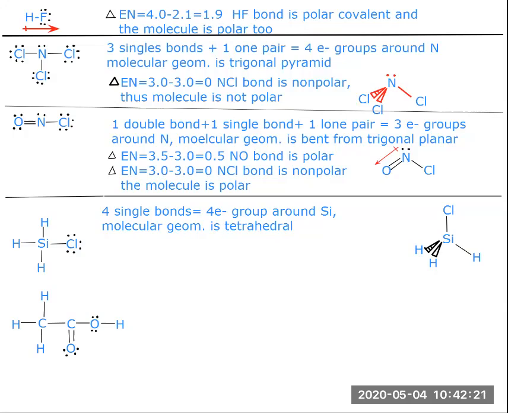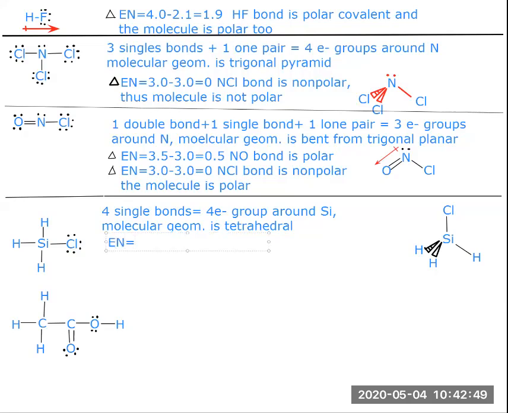Do we have polar bonds? And here we have 2 types of bond. We have the silicon hydrogen and the silicon chlorine, right? So there is no need to do the difference between hydrogen and chlorine, or hydrogen and hydrogen, right? So only do silicon hydrogen and silicon chlorine.